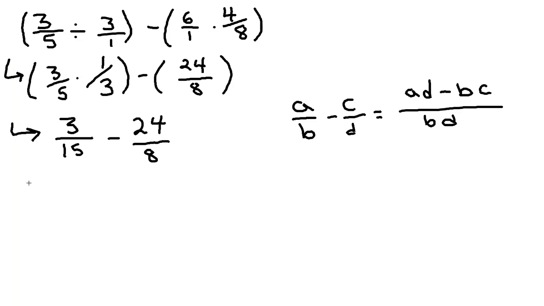Okay, so that's the rule that we're going to be using here to solve this equation. We can use this right now in this bottom space and group everything together. So we have A, which is going to be 3, times D, so 3 times 8, and then minus 15 times 24.